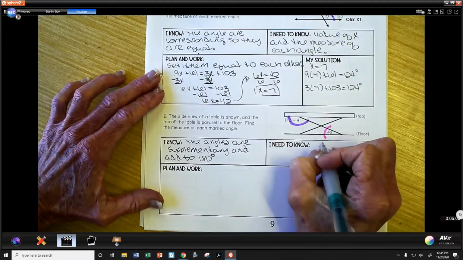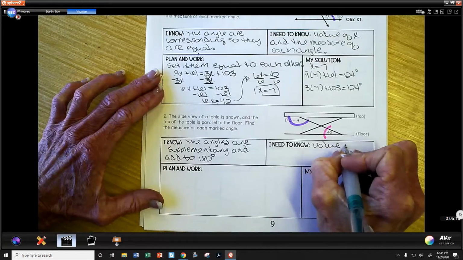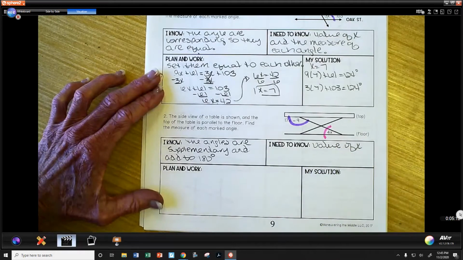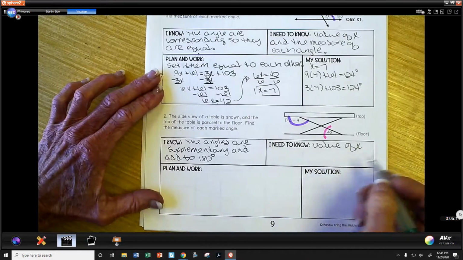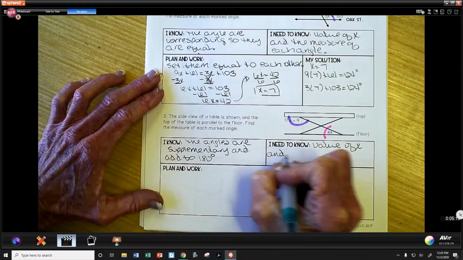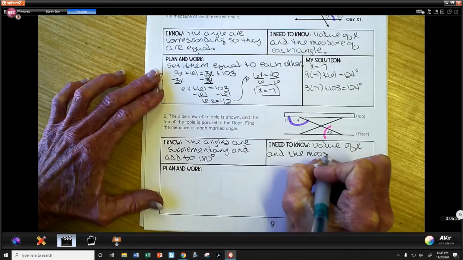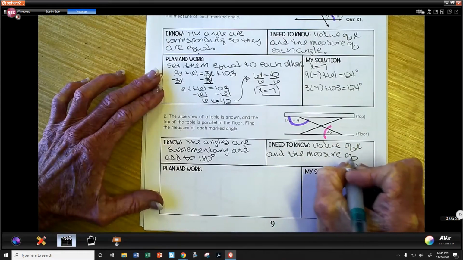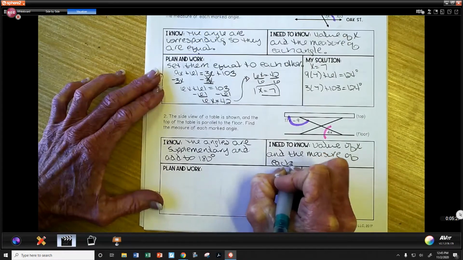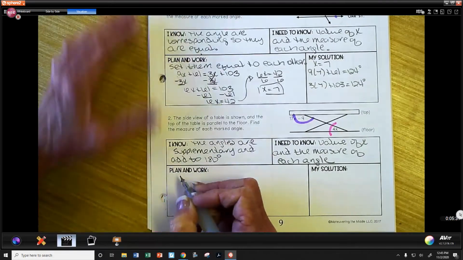Same thing. You need to know the value of x, and then the measure of each angle.